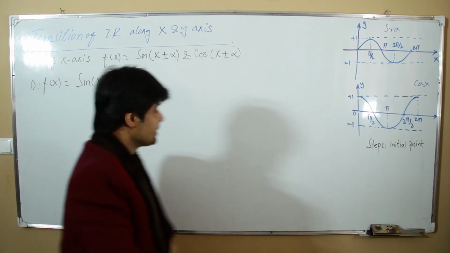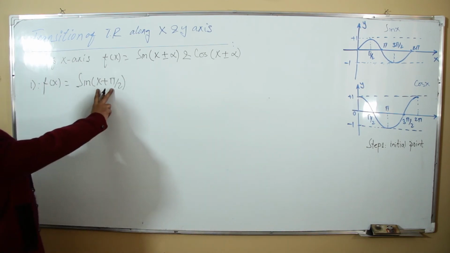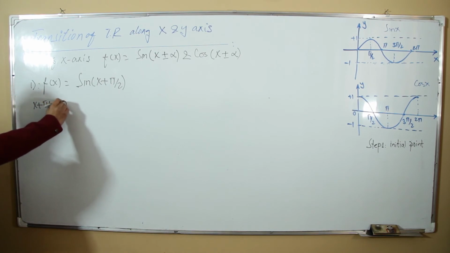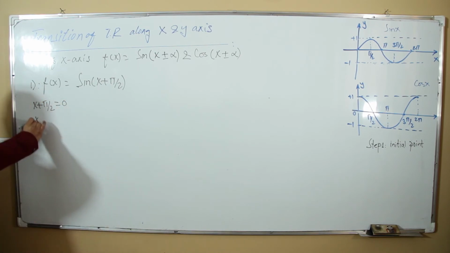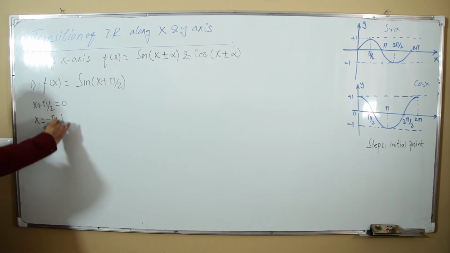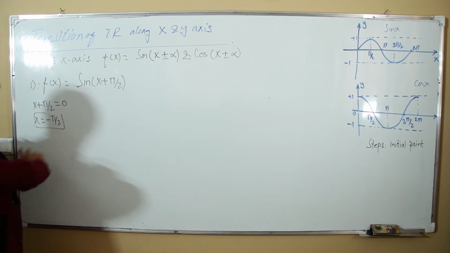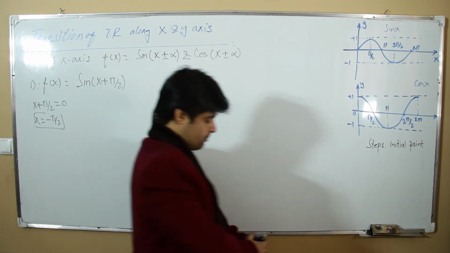For the initial point, x plus pi by 2 equals 0. Now x is minus pi divided by 2. It means the graph of sine starts from minus pi by 2.